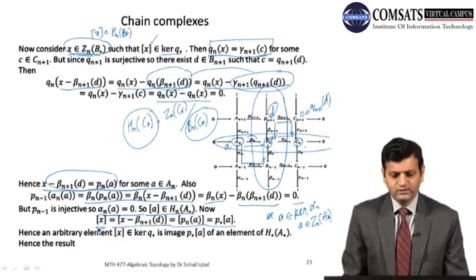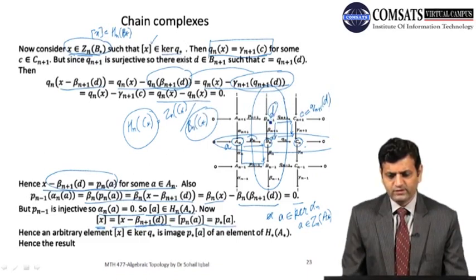Now the class of X is equal to the class of X minus beta n plus 1 of D. Why is this the case? Because D belongs to Bn plus 1, and beta n plus 1 of D belongs to the boundaries inside Bn. So I can subtract this element, and the class should remain the same.